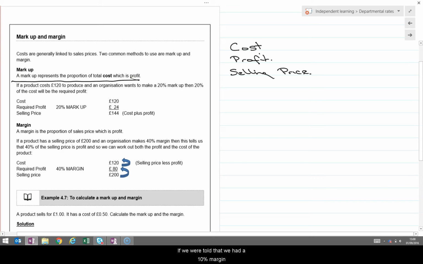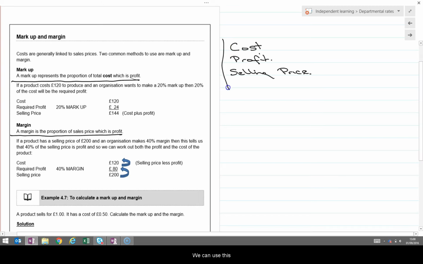If we were told that we had a 10% margin, then that tells you that your profit is 10% of your selling price, because margin relates to selling price. So that's the difference between the two. Markup is how much of your cost is the profit. Margin relates to the selling price, the percentage of your selling price, that's profit.